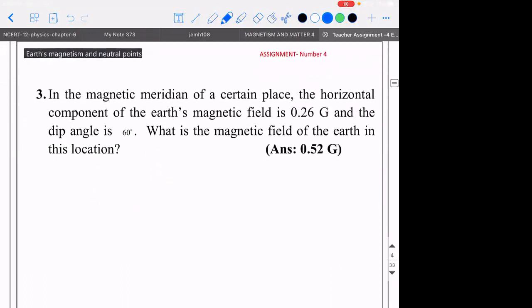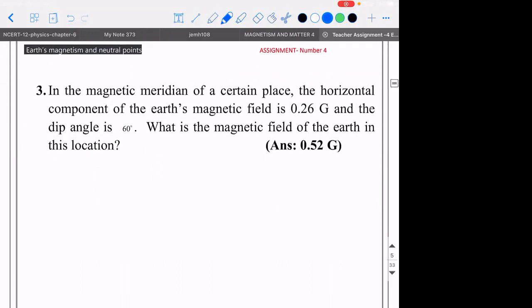Okay, let's try to do this question on the magnetic meridian. In the magnetic meridian of a certain place, the horizontal component of the Earth's magnetic field is 0.26 Gauss and the angle of dip is 60 degrees. What is the magnetic field of the Earth in this location?